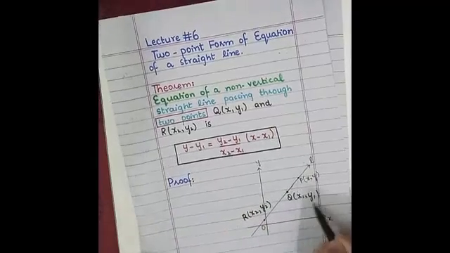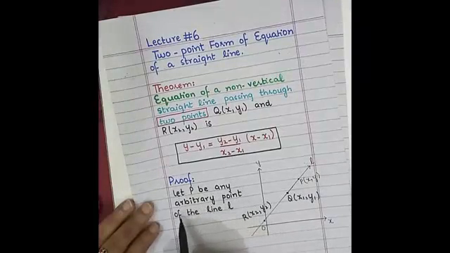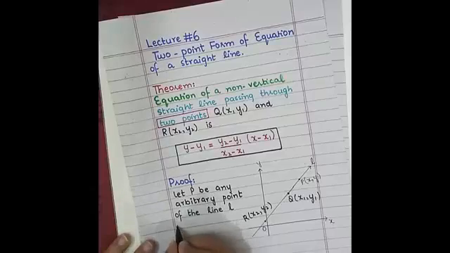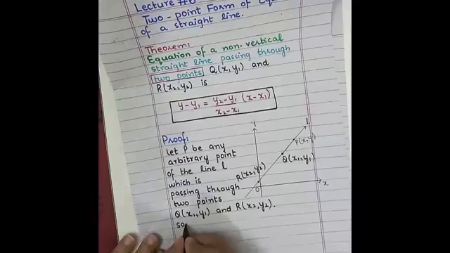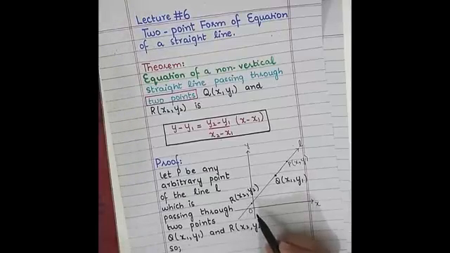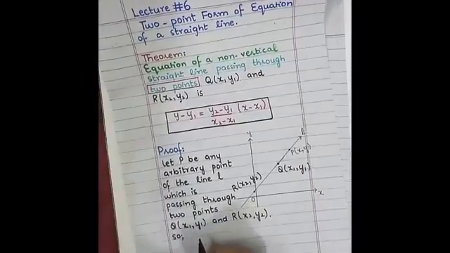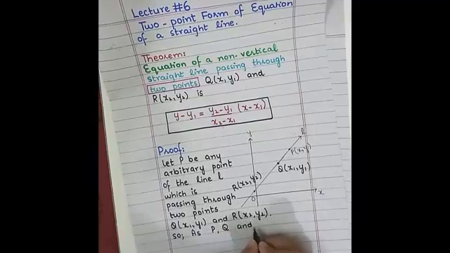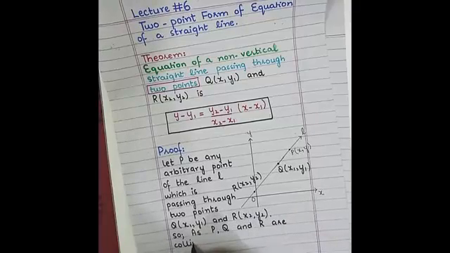Let P be any arbitrary point on this straight line L, which is passing through these 2 points Q and R. As P, Q and R are collinear points, collinear means they lie on the same line.